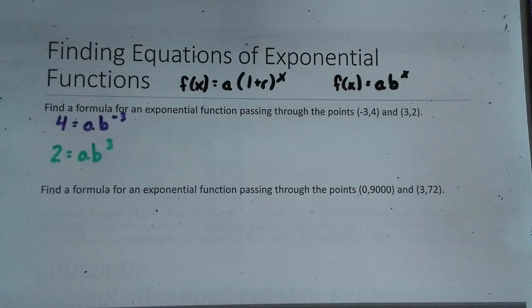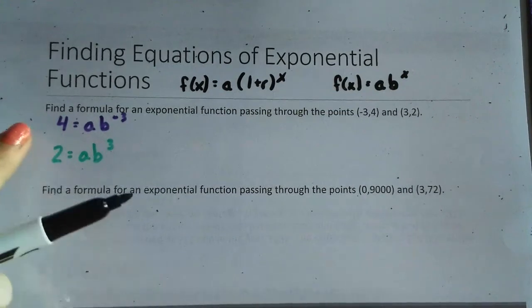If I think back to how I solve two equations at once in linear equations, I can either graph, but I'm not thinking I'm going to be graphing these anytime soon. I could use substitution or elimination. I'm not exactly sure how elimination would work in this case, but the idea behind substitution might work. For substitution, we have to get a variable by itself.